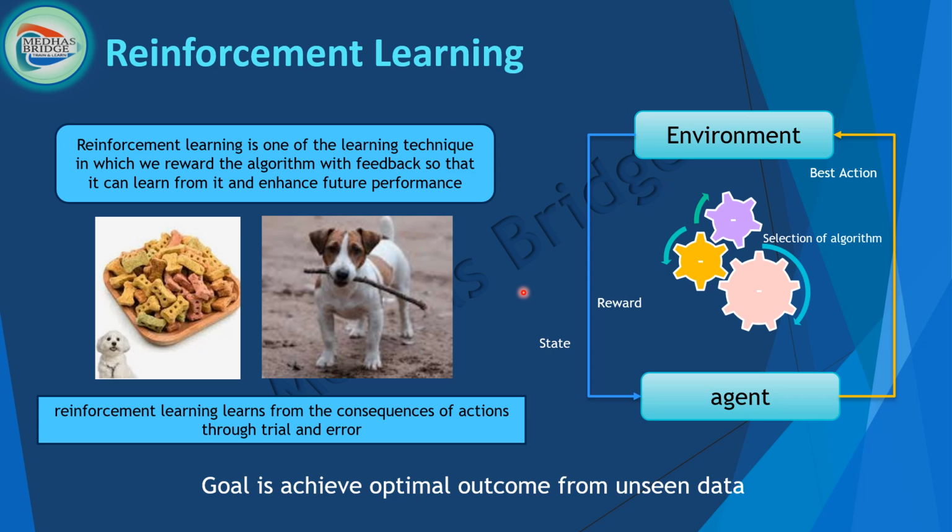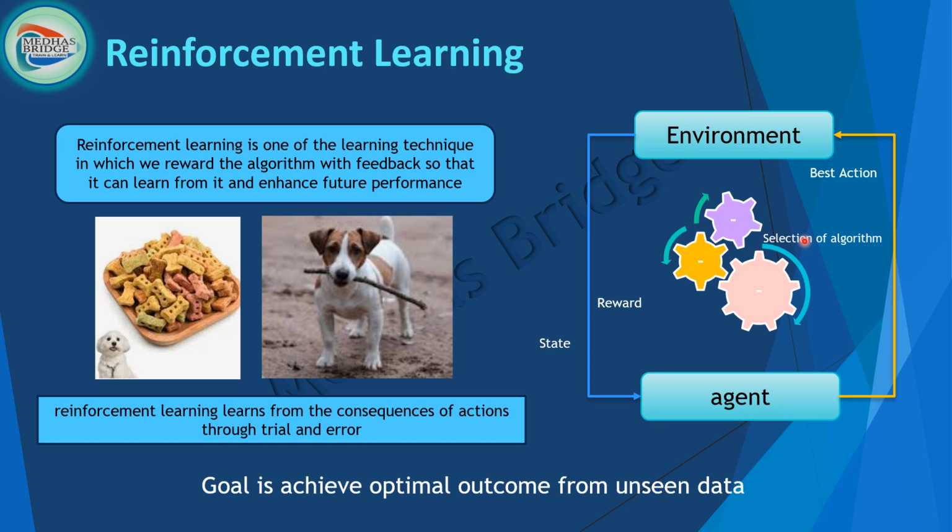Reinforcement learning is one form of machine learning technique that is unique and totally different from supervised and unsupervised learning techniques. We use the principle of giving incentives for a good outcome as the foundation of our algorithm in this case.